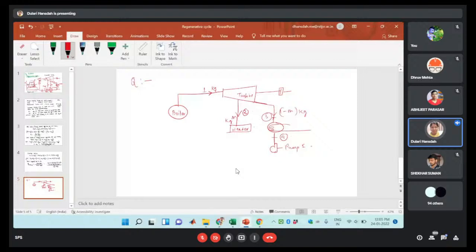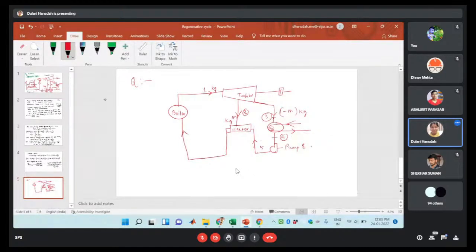Three, 4, pump 1, outlet. This is given to the heater. Okay, 0.5. And then from the heater, it is going to the boiler.